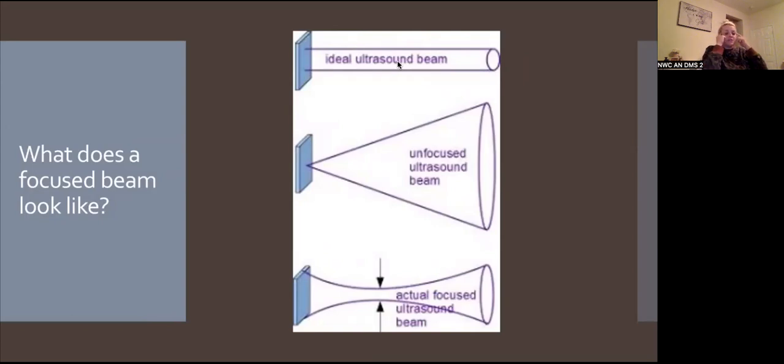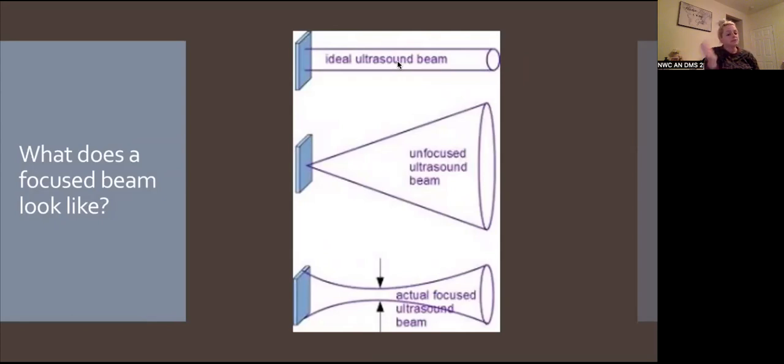This gives you a physical depiction of what focusing does. If the focal point gets tighter, the whole near zone gets tighter, and the focus moves closer to the face of the transducer. That's all good, right? The focus is getting tighter, the near zone length is getting shorter, everything's great.